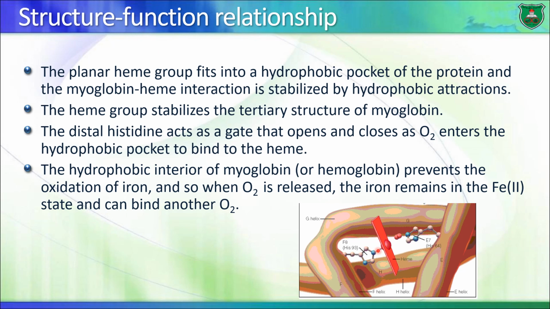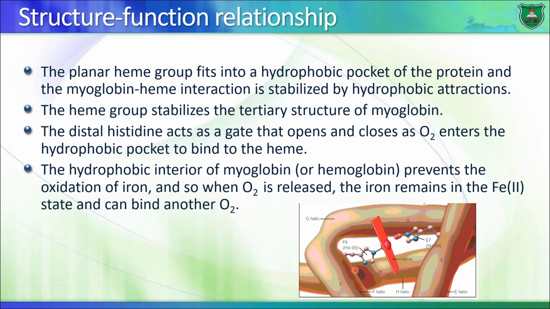The heme molecule itself supports the structure of the myoglobin protein by forming the covalent bond with the proximal histidine and stabilizing the hydrophobic amino acids that surround it. So it is a win-win situation.